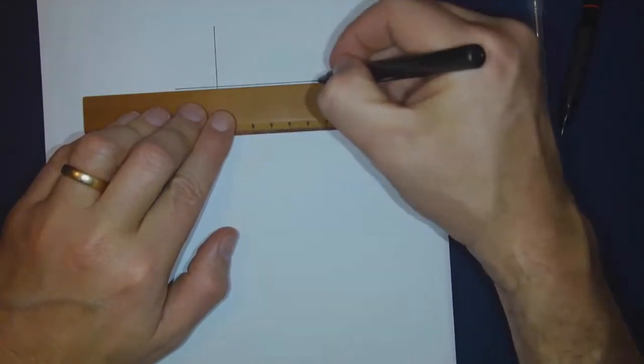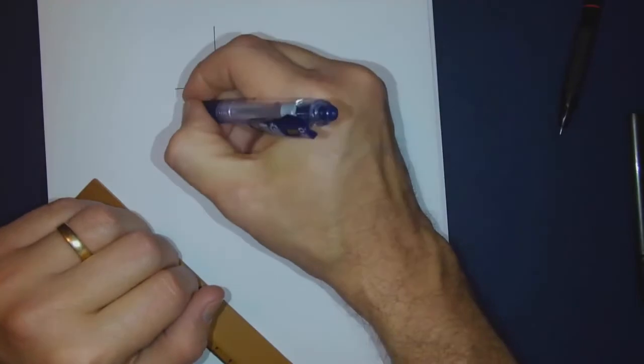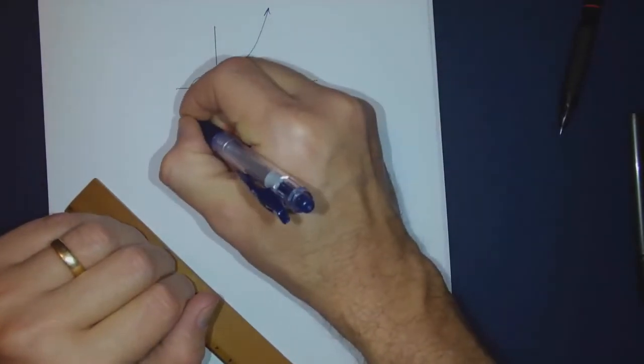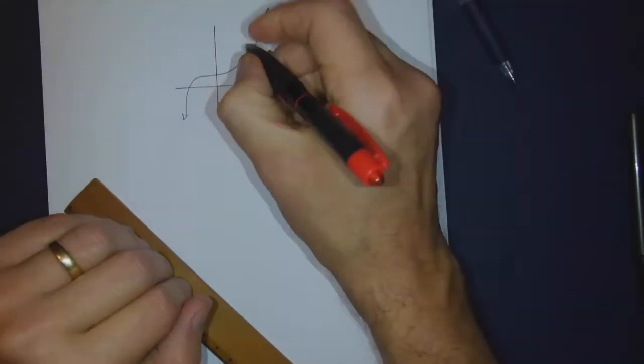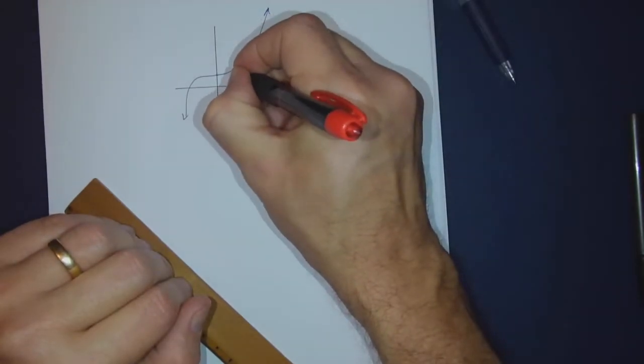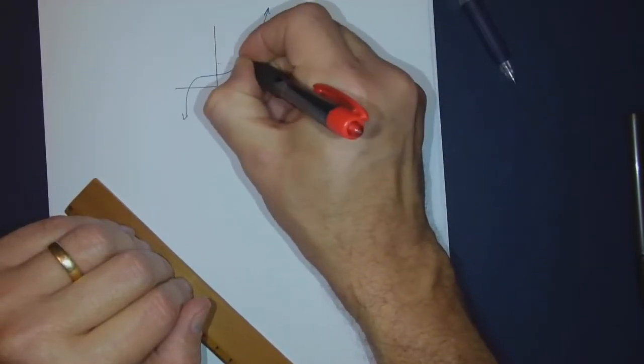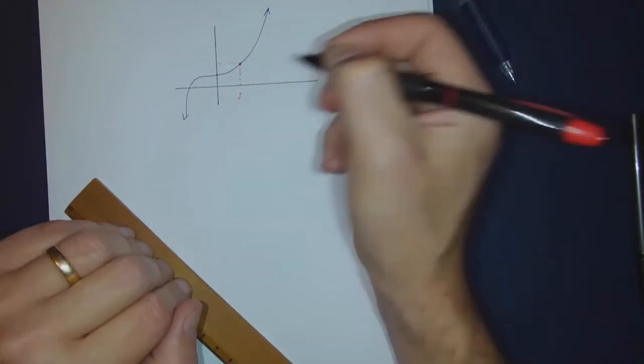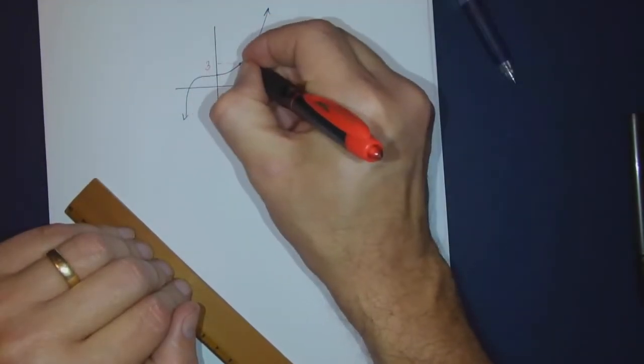So why don't I take, again, a Cartesian plane. We'll draw some undescript function. Why don't we say that this point is given by, and I'm making this up, why don't we say this is 2, and we'll make this 3.